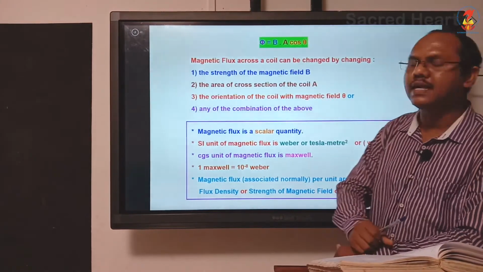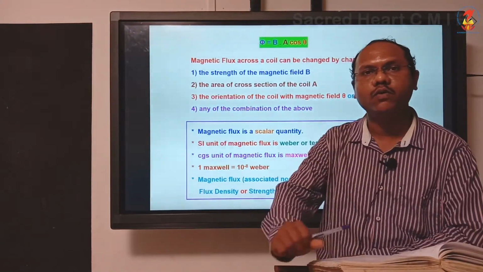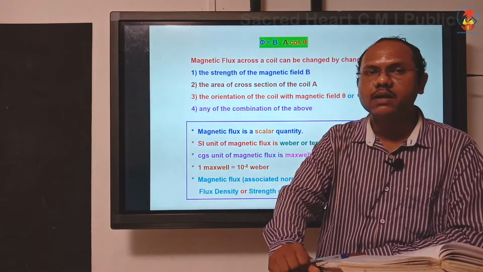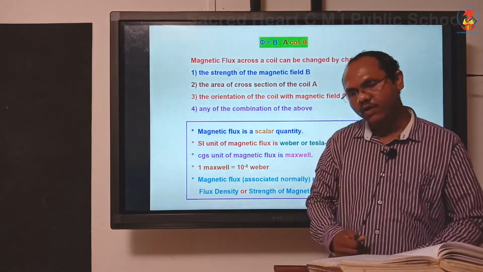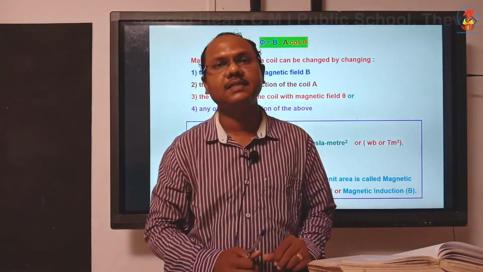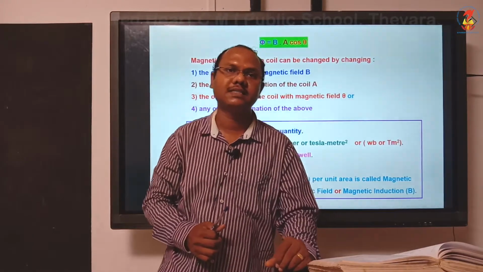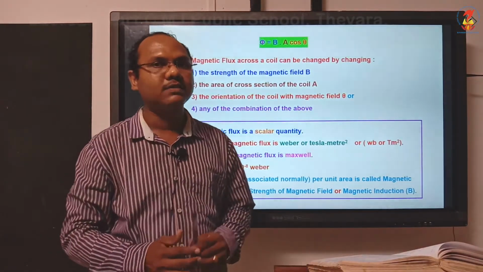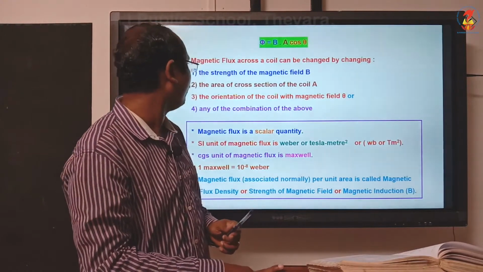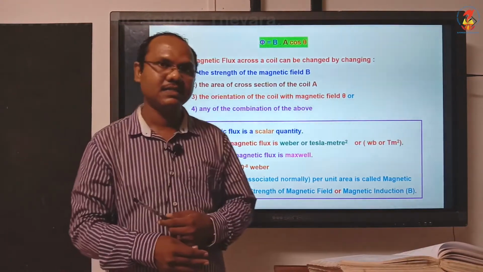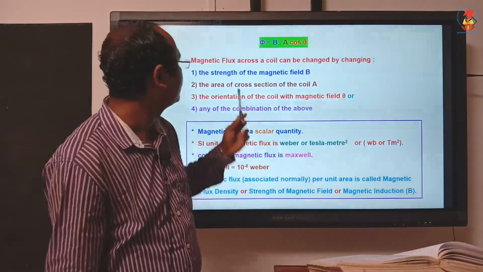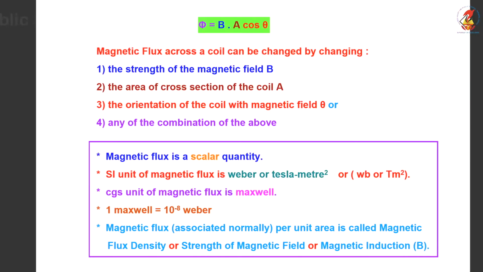So we have got the equation phi equal to BA cos theta. Based on this equation, what are the factors on which flux depends? Flux basically depends on three factors. The first one is the strength of the magnetic field. When the magnetic field is increased, the flux will also increase.